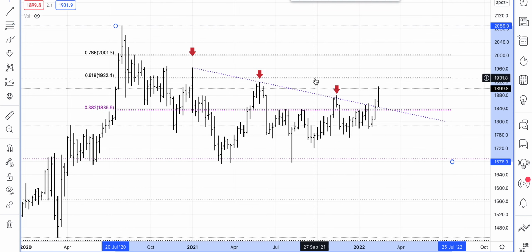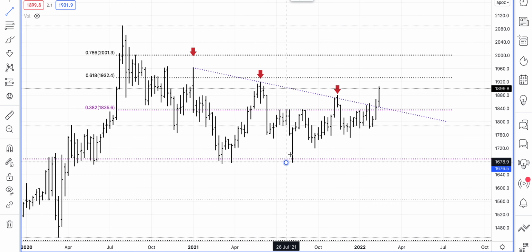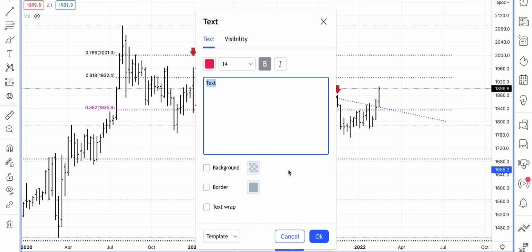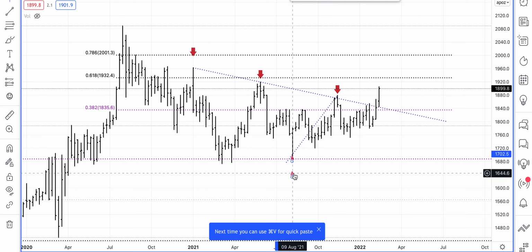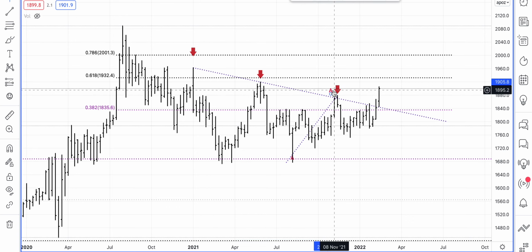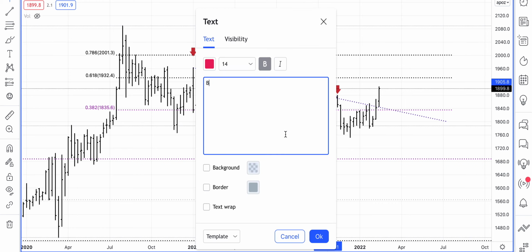So the 61.8% retracement comes around the 1930 level, and then if we do an ABCD pattern formation, let's also write it here, makes it easier. So this is the A point, and this is the B point.